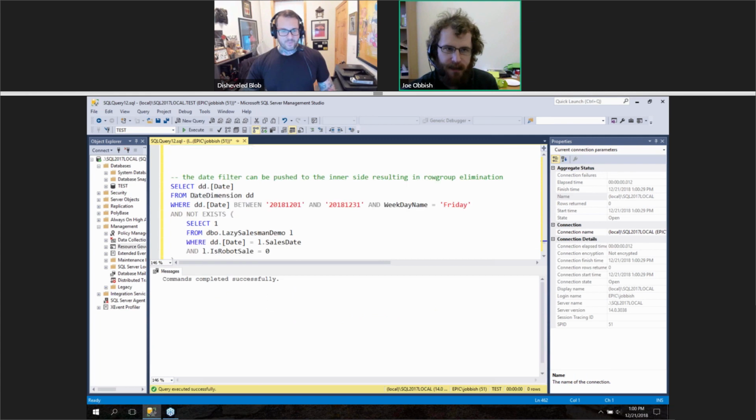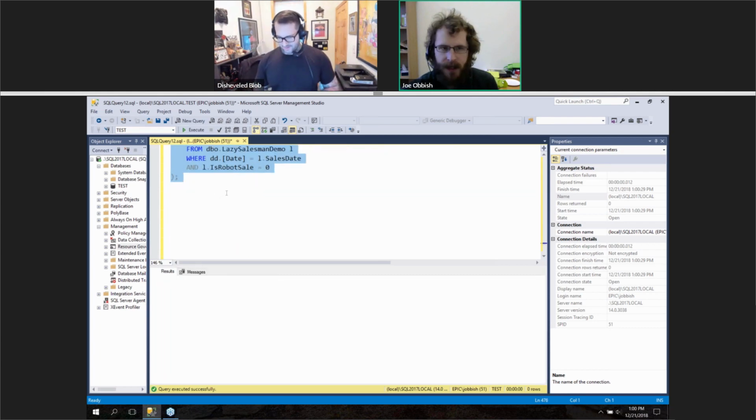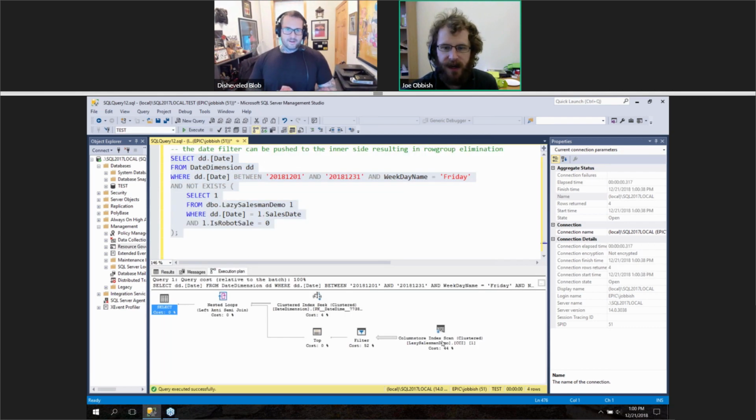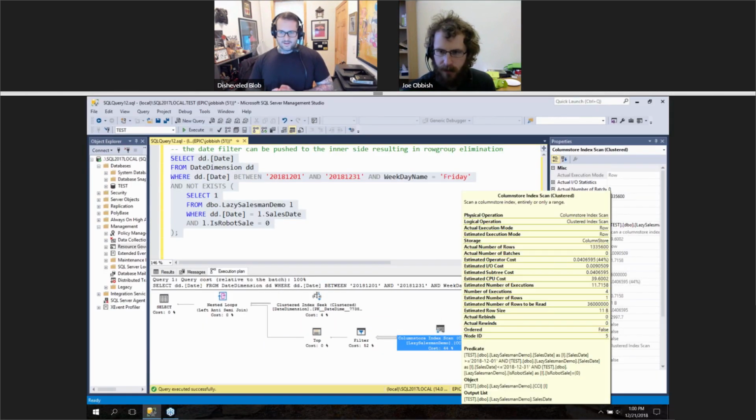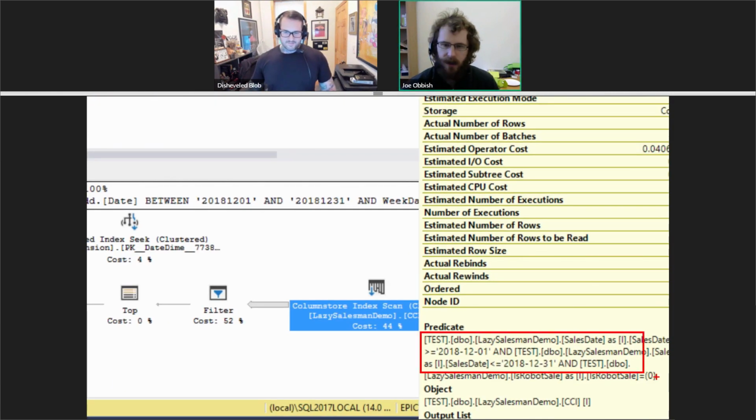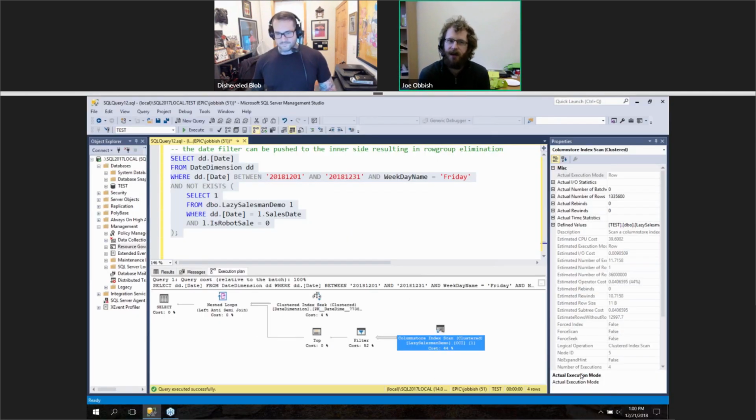If I rewrite my date dimension filter, so I'm filtering directly on the date, which is the column I'm joining on, the optimizer can push that filter down. I loaded my data in order of sales date.